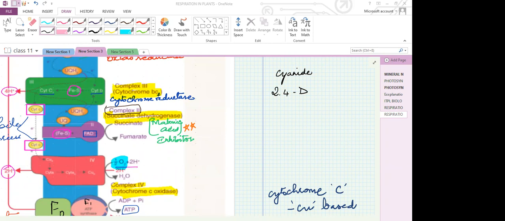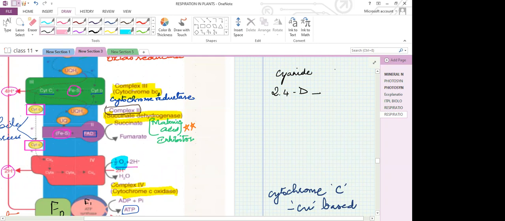Dinitrophenol: the electron, instead of moving from ubiquinone to the next, which is complex 3, cytochrome BC, from where it has to move to cytochrome A, is directed by dinitrophenol from quinone to another quinone, Q2.